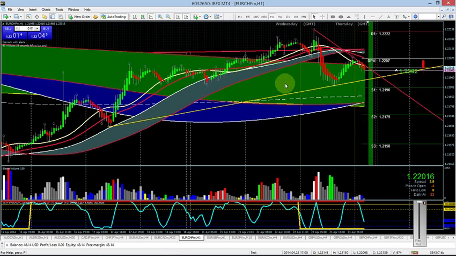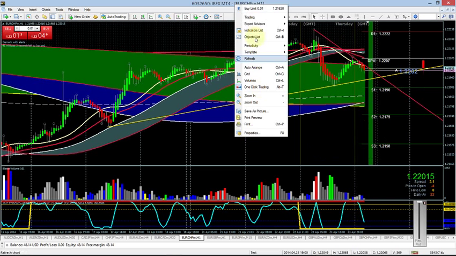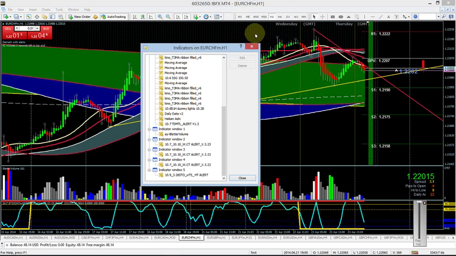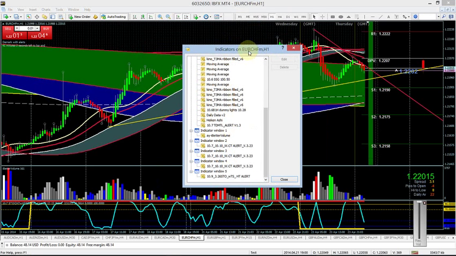So that's basically what it looks like. I'm going to just show you the indicator settings on one of these time periods here. Let me see if I get the right one picked here.